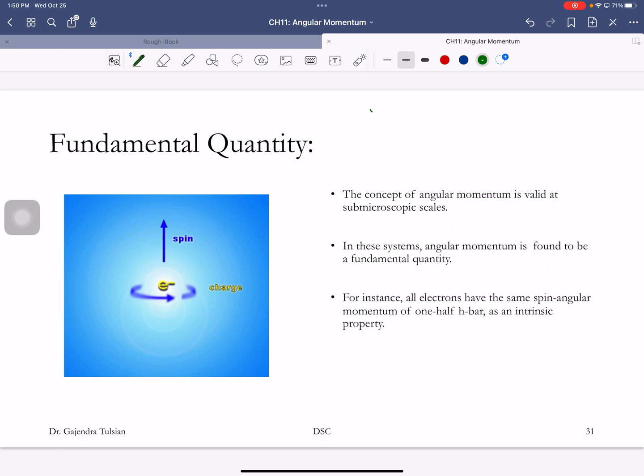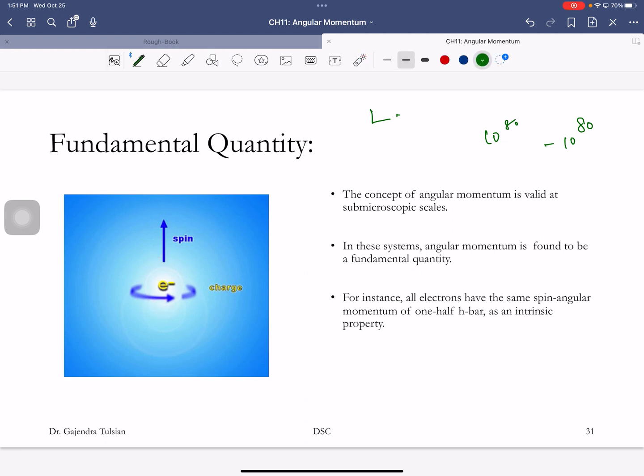Okay, so angular momentum turns out to be a fundamental quantity. What that means is, in the universe there are about 10 to the 80 protons and 10 to the 80 electrons. And here's the amazing part. Well, that's a huge number, by the way. Every electron is spinning at the same rate.